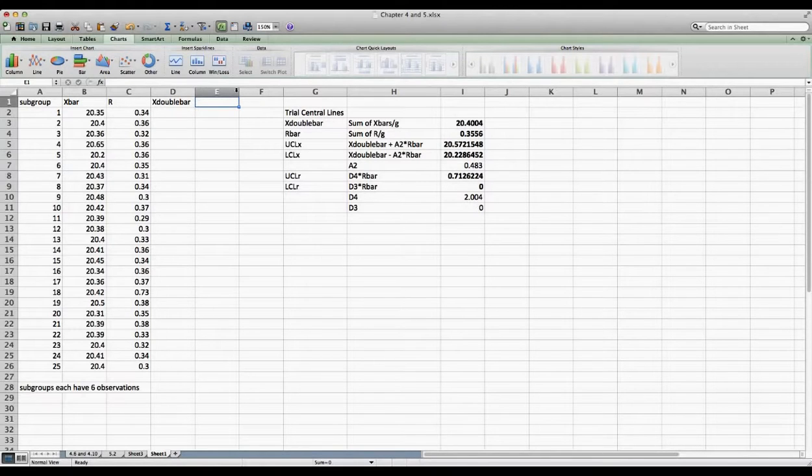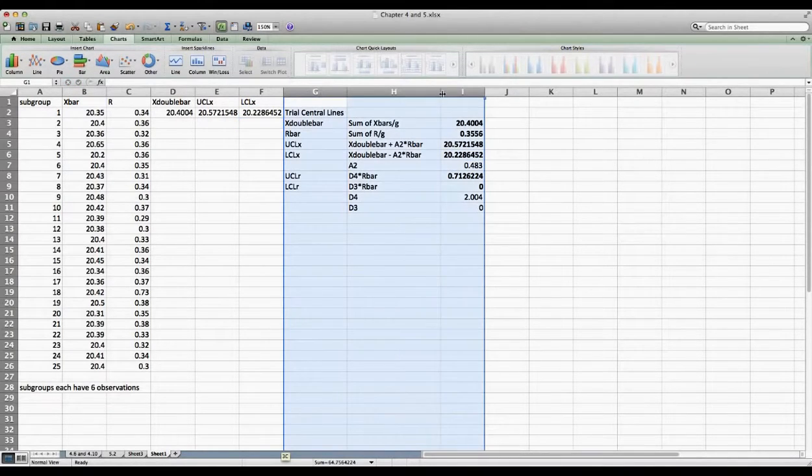X double bar, let's put the control limits for that X chart. We have the lower control limit, X. Okay, now I'm going to put this value in here, going to put this value in here, going to put the lower control limit value in here.